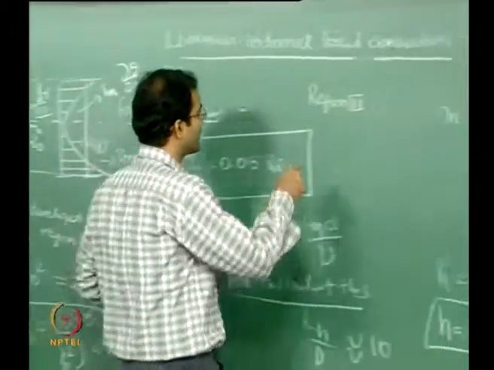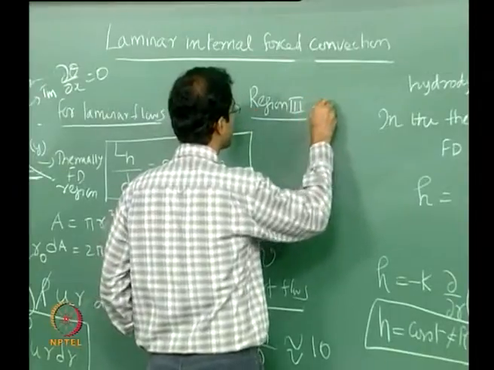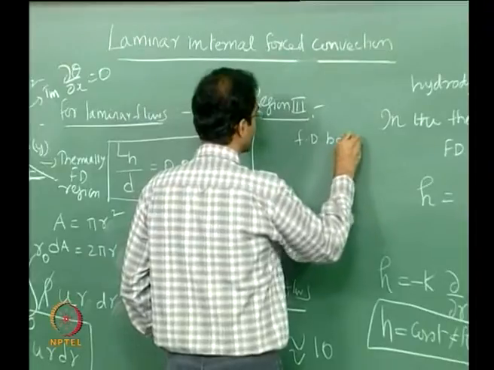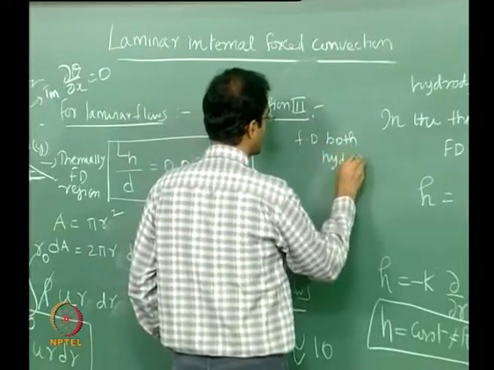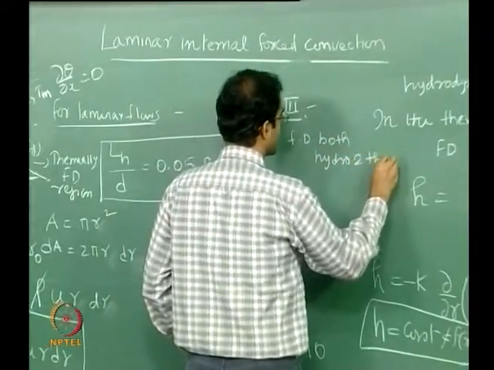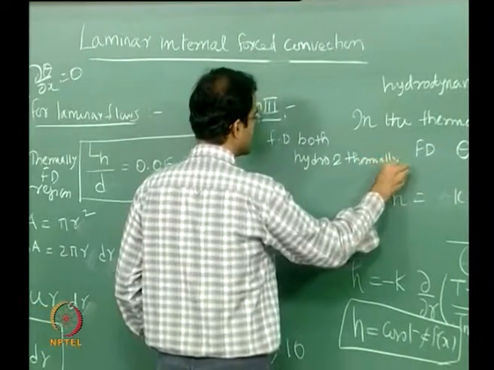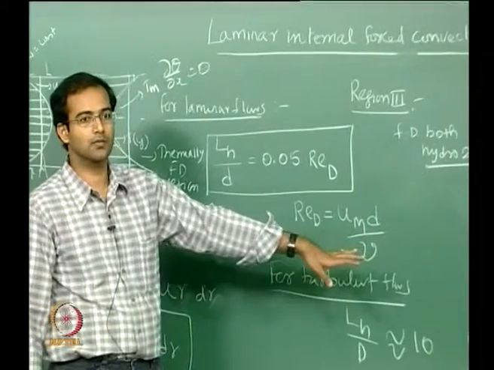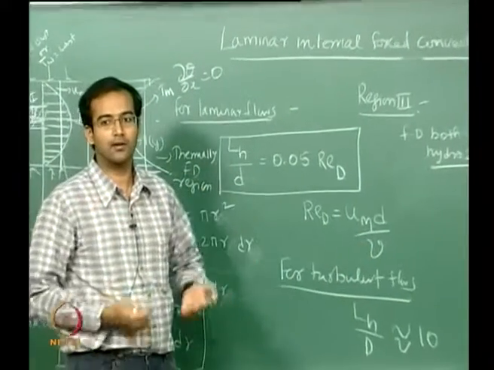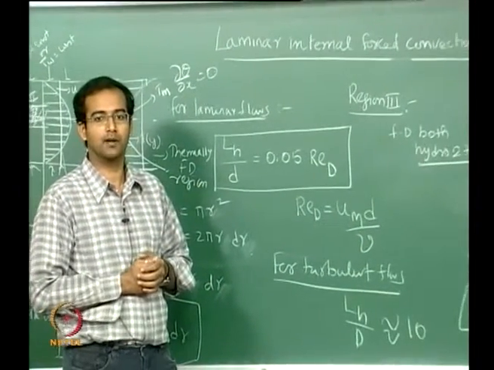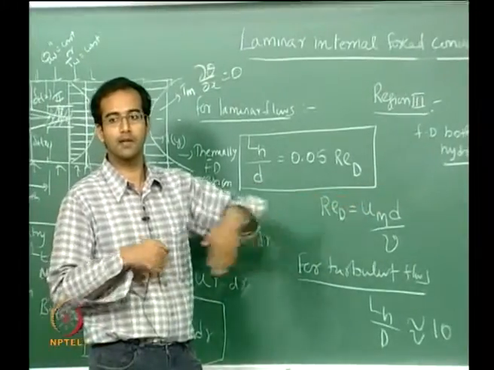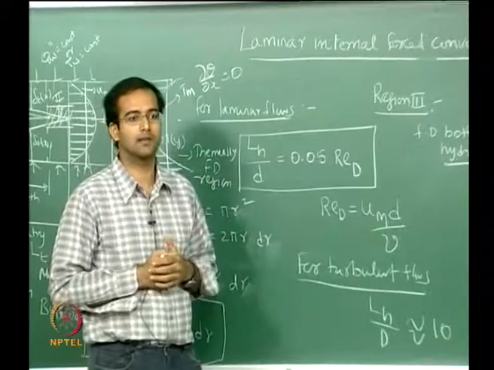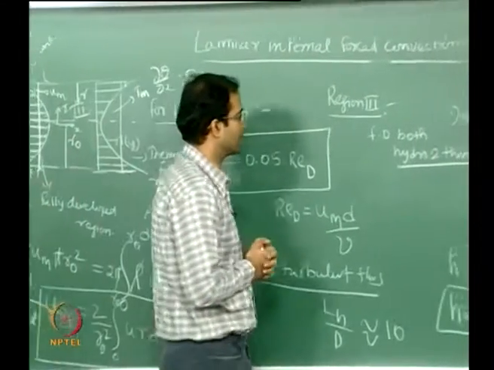So the first part of the course will be on region 3, which is fully developed both hydrodynamically and thermally. As you can see, that is the simplest to start with, because you have a constant heat transfer coefficient, so you can calculate the velocity profile and the temperature profile, and for a given boundary condition, whether it is a heat flux or a wall temperature, you can identify what that constant value of h is.